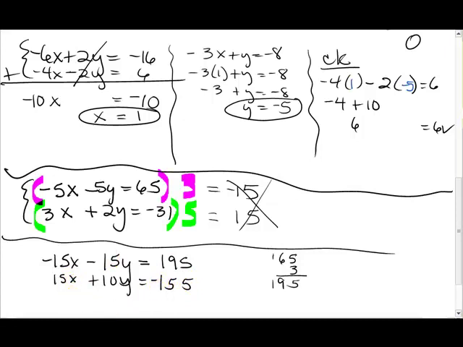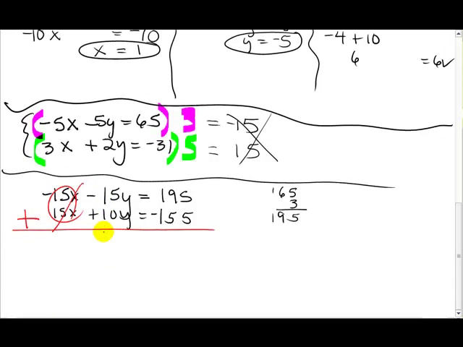Now I can take these and add them. That cancels out, becomes 0. This will be minus 5y equals a positive 40. Divide by the minus 5. Get negative 8 for the y.